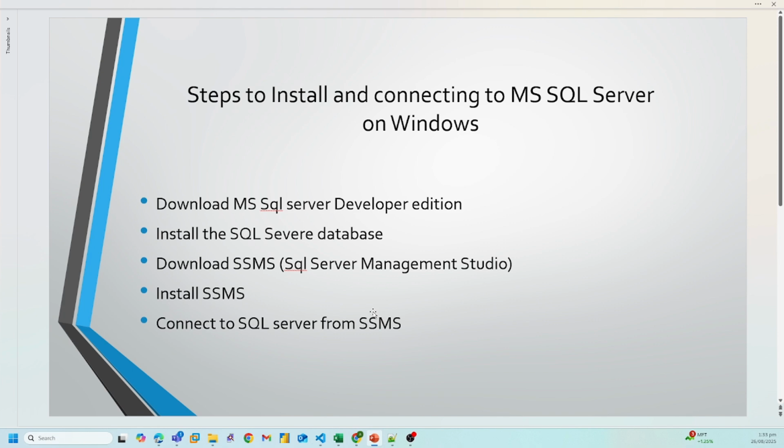Download the SQL Server Developer Edition from the official Microsoft website, install the SQL Server database, download SQL Server Management Studio, also called SSMS, and install it. SQL Server Management Studio is a client to the SQL Server database through which we can connect to SQL Server and run queries. Okay, let's get started.